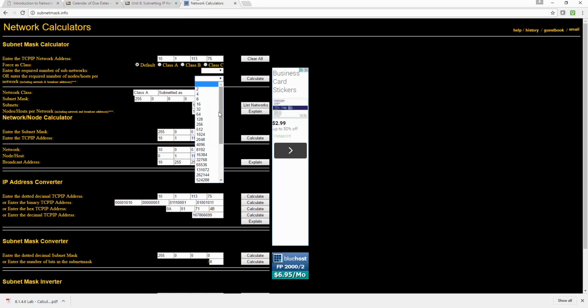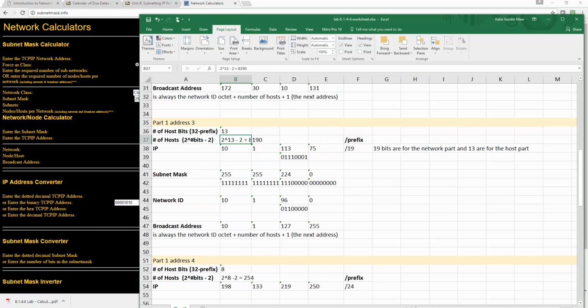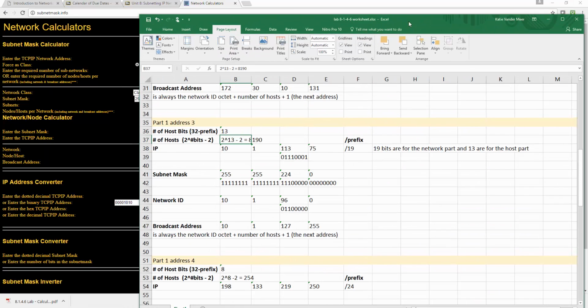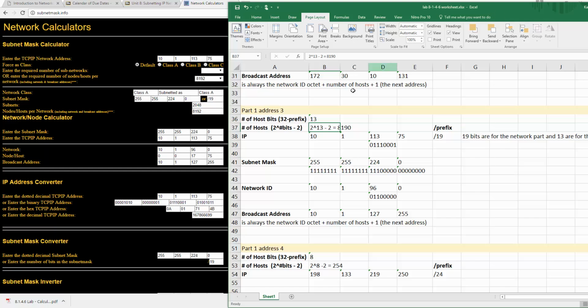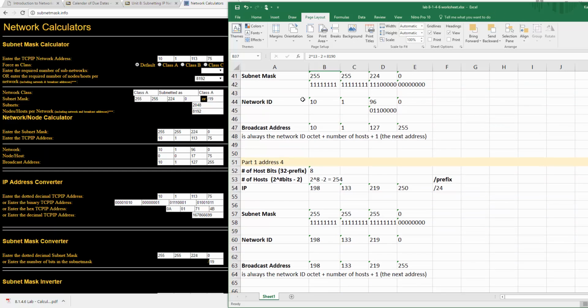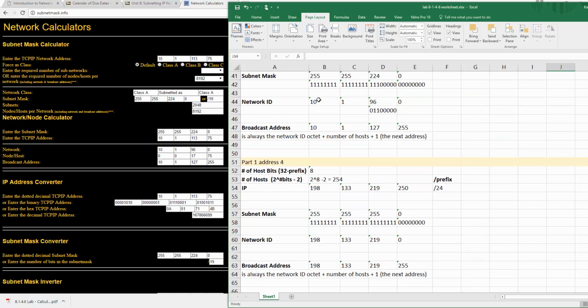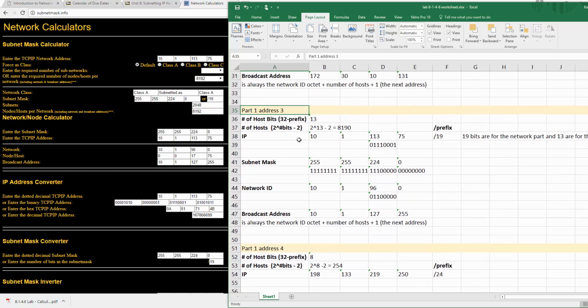So I'm going to go down to the next, 8,192 minus the 2, and then we'll calculate it. And let's double check. It'll tell me what my subnet mask is. So here we're looking at this one.